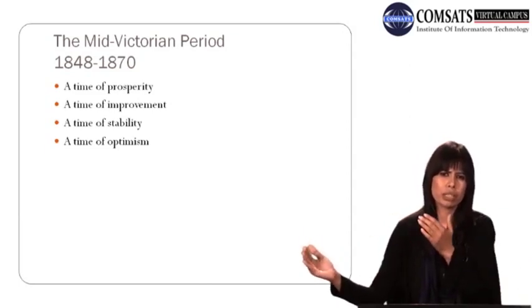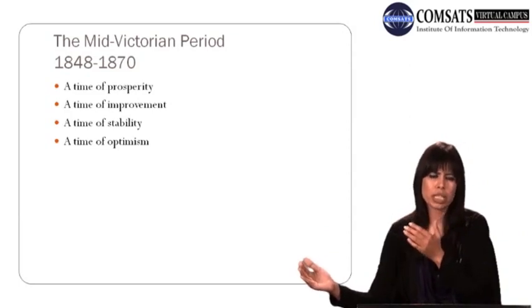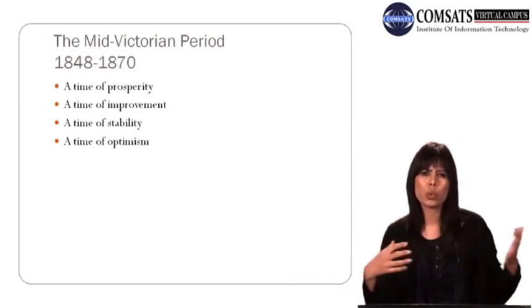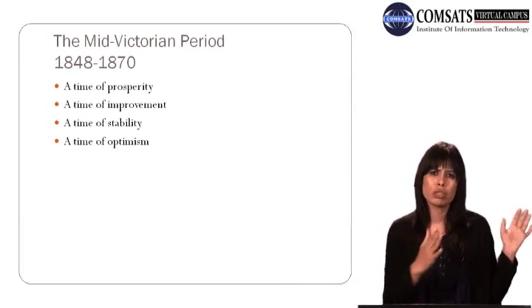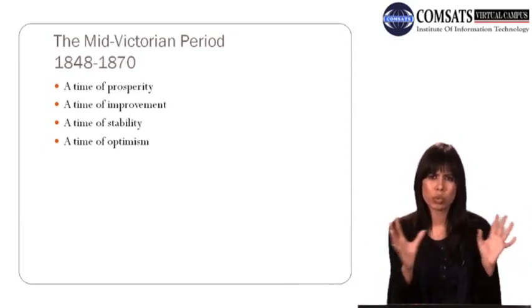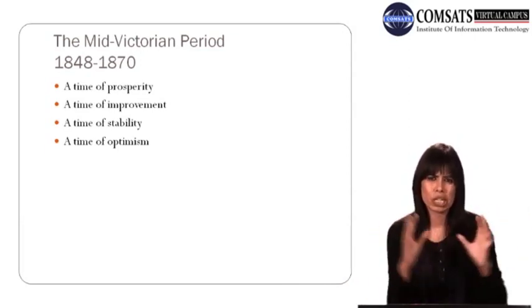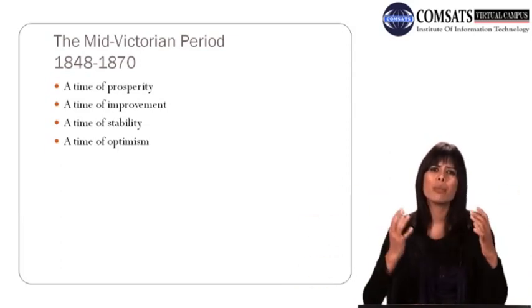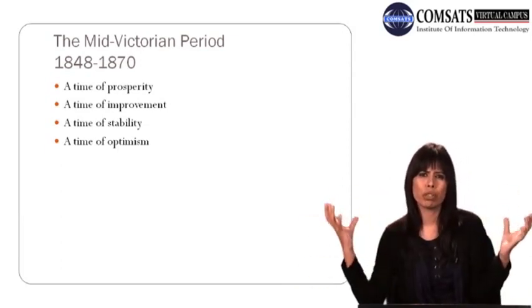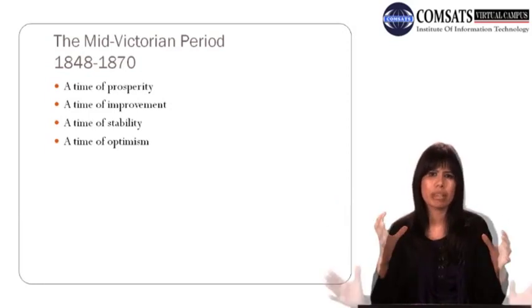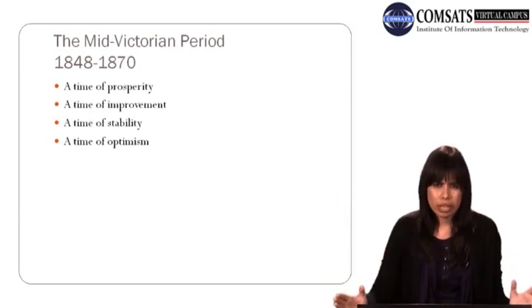There is optimism in the society as well. The society was going in another direction. So my dear students, this is the point, that is why we divided this age into two periods. You would feel a sense of both kinds of situations in the writings of that era as well.